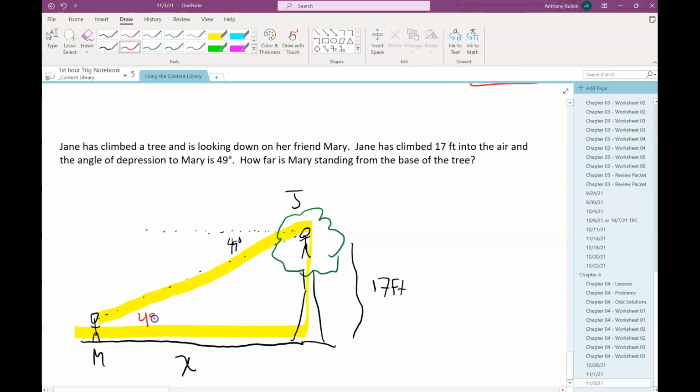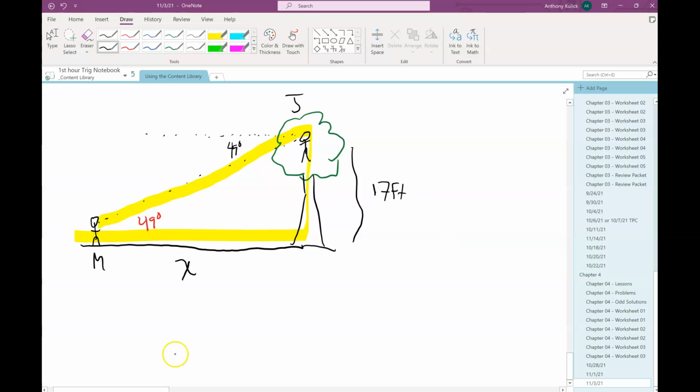To do that, though, I'm going to need to make that angle 49, which is okay, right? We established earlier that those are the same angle measures because they're alternate interior. So to redraw this just as a triangle.